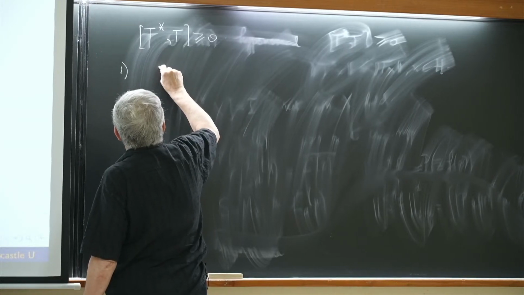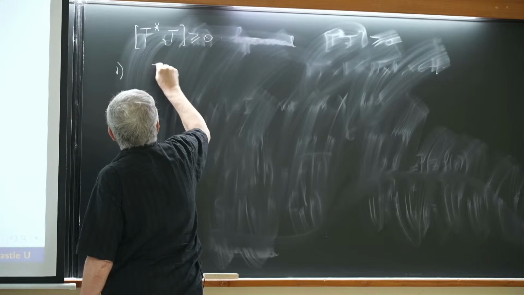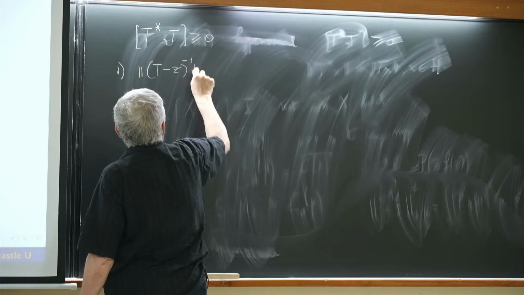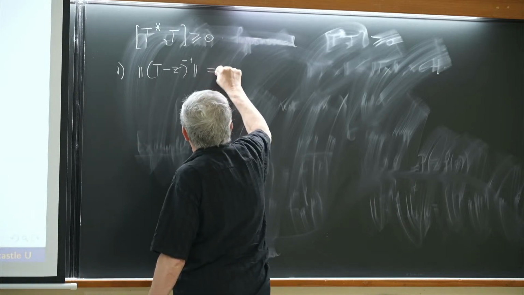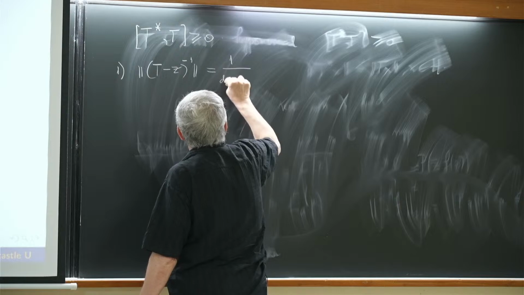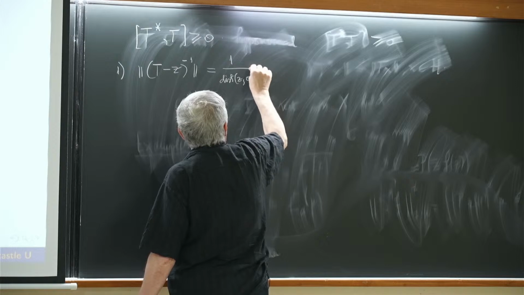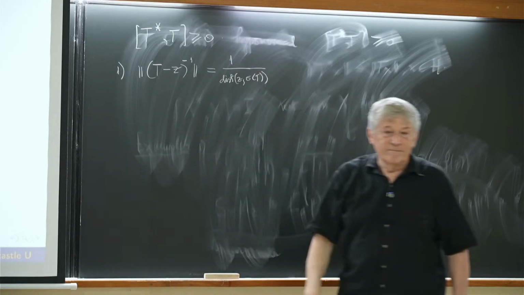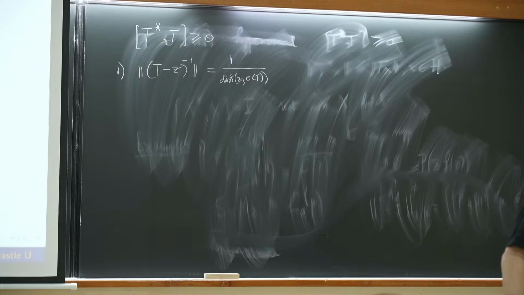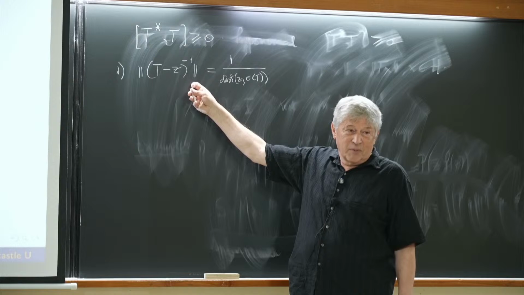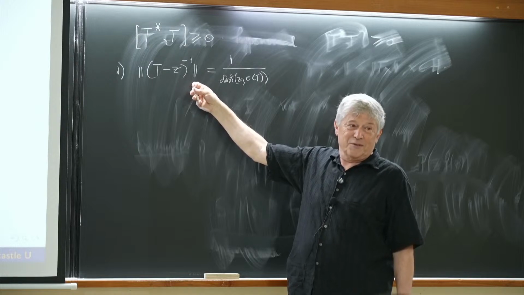The resolvent norm is exactly 1 over the distance from z to the spectrum. Not always, even in finite dimensions, this is true. Normal operators satisfy this, but nilpotent matrices do not.